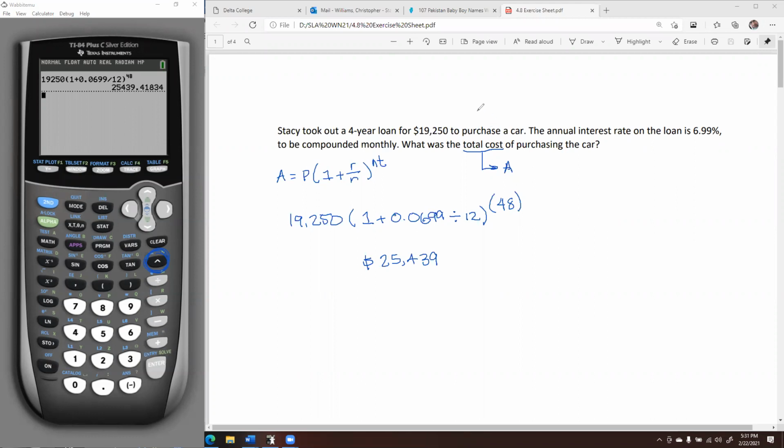And usually when we're dealing with financial stuff, we're just going to round to the nearest cent. So in this case, we would have 42 cents. So the total cost of purchasing the car was $25,439.42. All right.